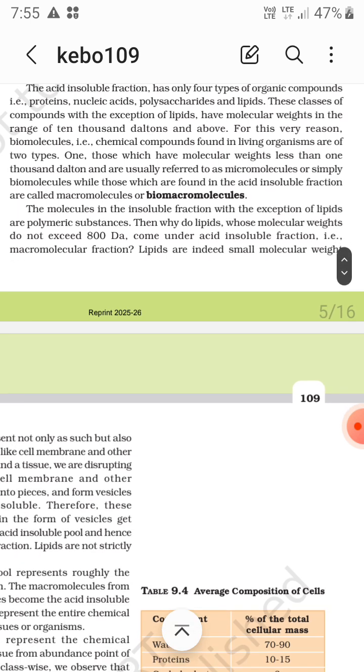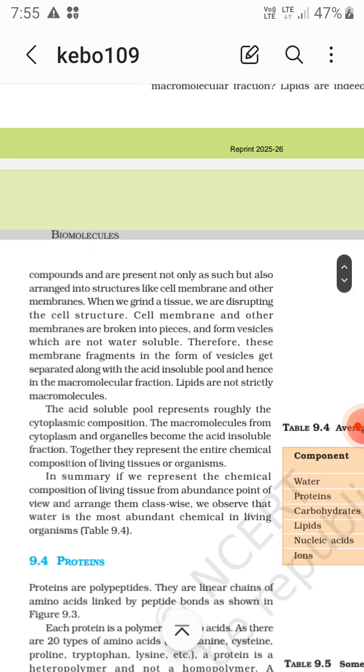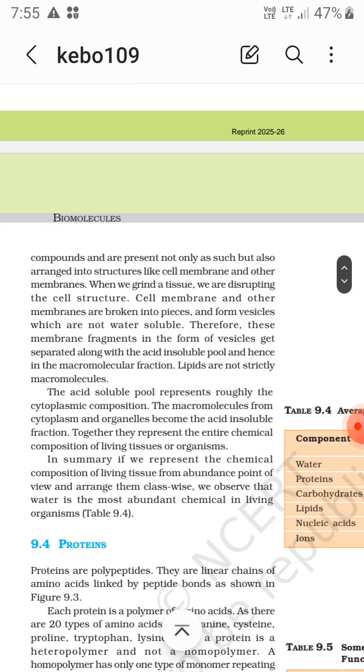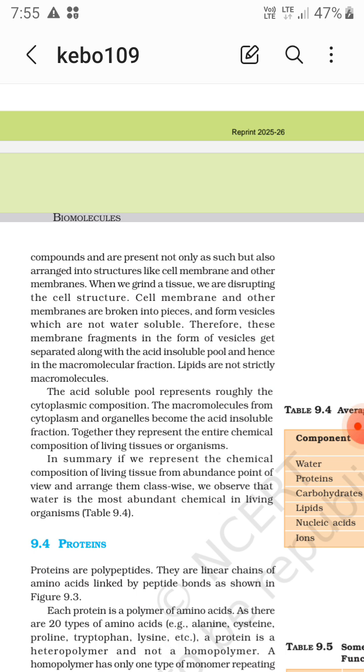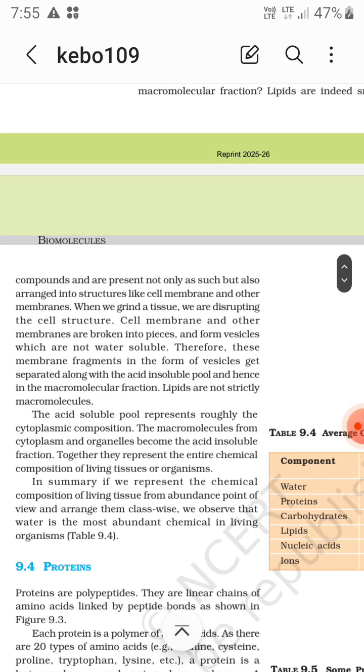Then why do lipids, whose molecular weights do not exceed 800 dalton, come under the acid insoluble fraction, that is the macromolecule fraction? The lipids are indeed small molecular weight compounds and are present not only as such but also arranged into structures like cell membranes. So lipids form the cell membrane and other membranes.